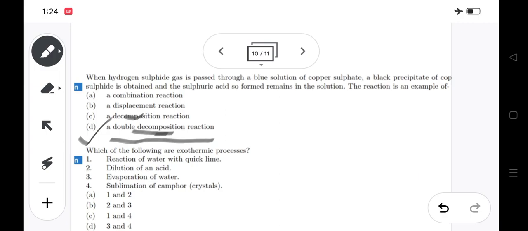Camphor from solid state turns to gaseous state by absorbing heat energy from the surrounding. So that is also endothermic. So what is the answer? Option 1 and 2, that is option A. A is correct. Exothermic processes: dilution of an acid and reaction of water with quicklime.